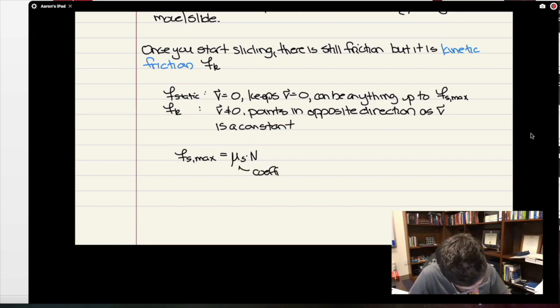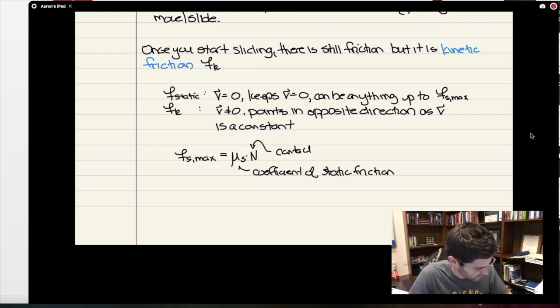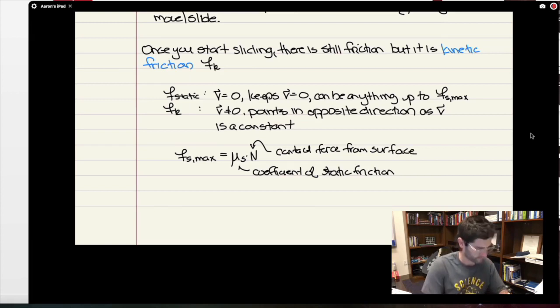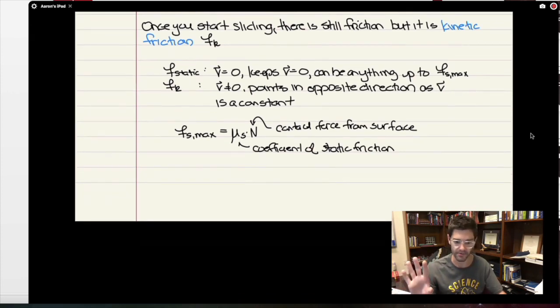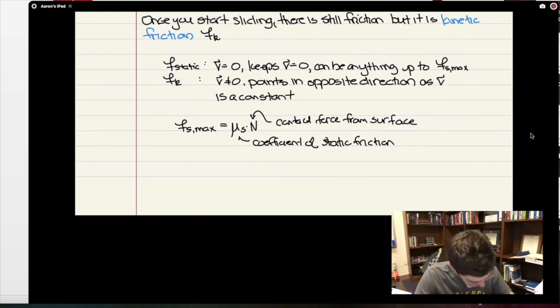This number is called the coefficient of static friction, and then this is the contact force from the surface. So static friction can be anything up to whatever this number is. Coefficients you look up in a book, and you calculate the normal force via Newton's laws. That tells you how much static friction can do.